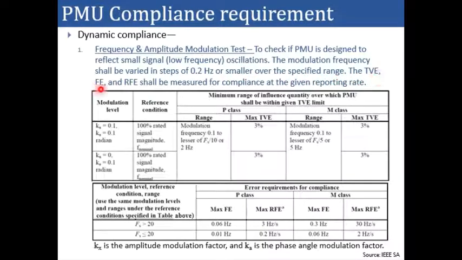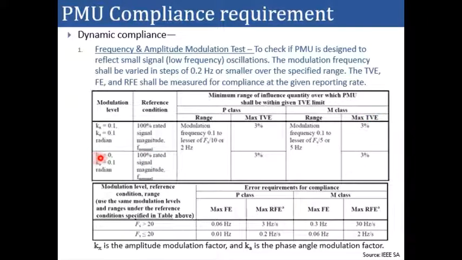The TV frequency error and rate of change of frequency error shall be measured for compliance at the given reporting rate. Now suppose the modulation level is, say, the amplitude is modulated with 10% and angle is modulated with 10% with respect to the reference condition, then in that case the total vector error can be 3% for P class and same is for M class.